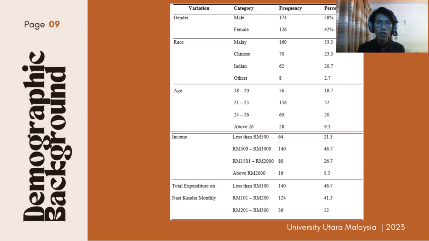The highest number of respondents spent less than 100 ringgit on nasi kandar, with a total of 140 respondents or 46.7%, and the respondents who spent between 201 ringgit to 300 ringgit are the lowest, with a total of 36 respondents or 12%.